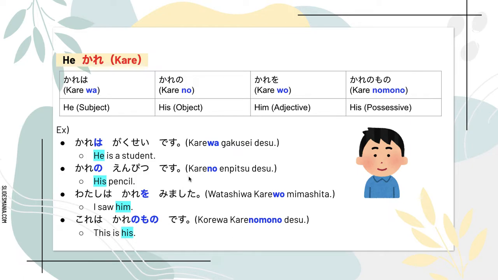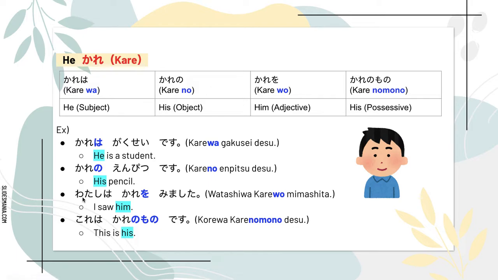The next one is the object sentence. His pencil. His means 彼の so it'll be 彼の鉛筆です。鉛筆 means pencil. The third example is for adjective sentence.